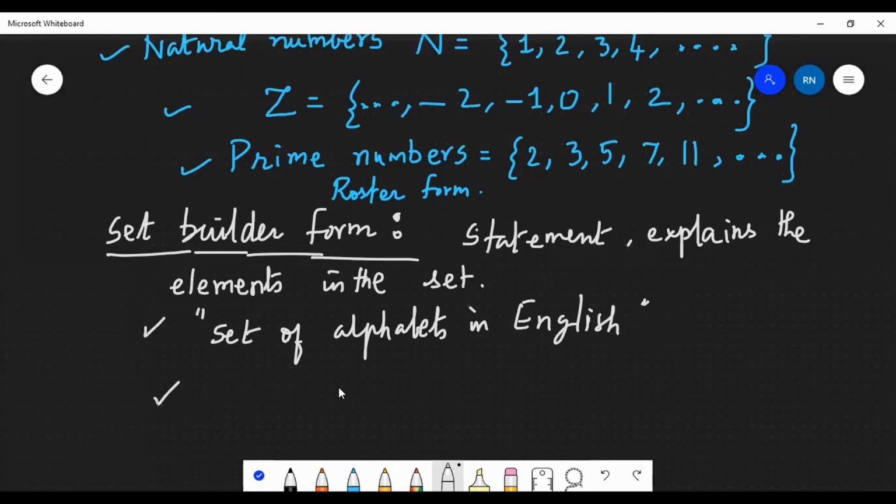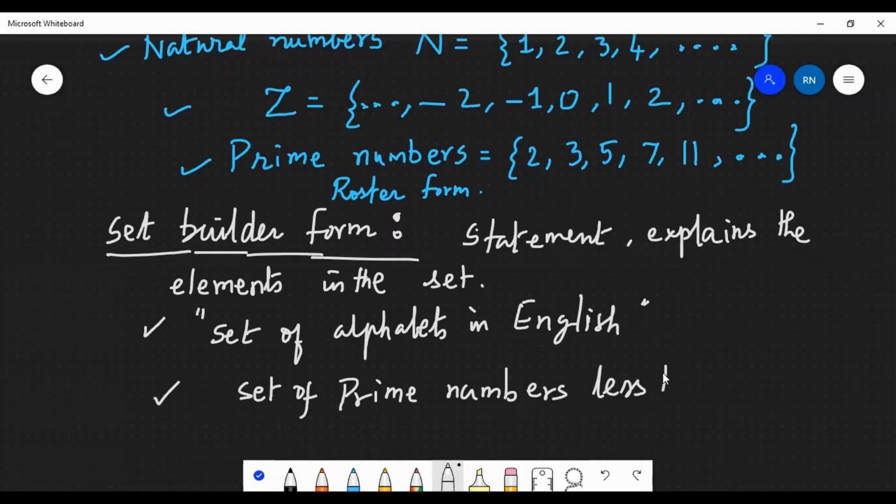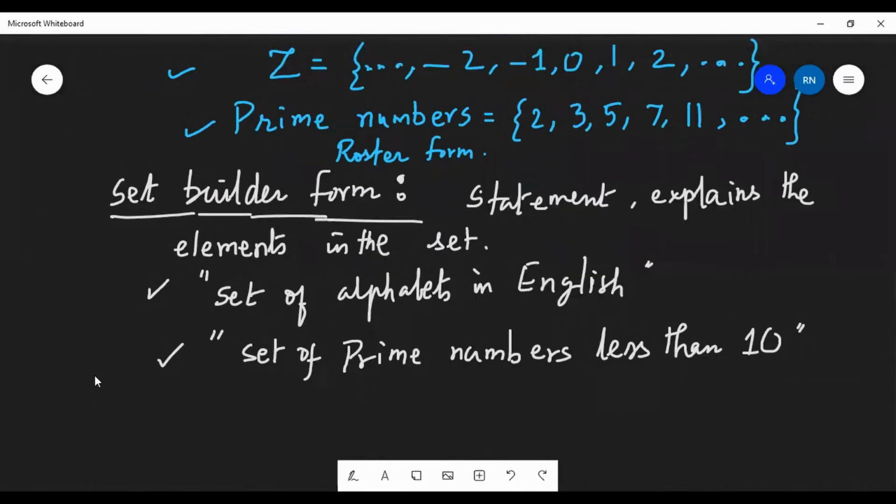Then I can also come up with another statement like this: set of prime numbers, set of prime numbers less than 10. Now this is also a set builder form.